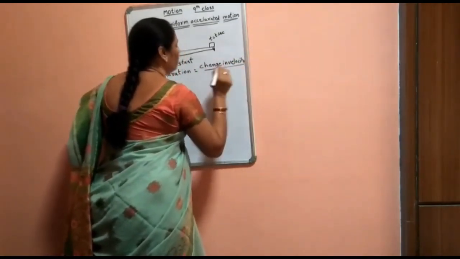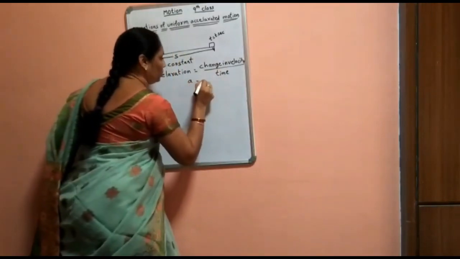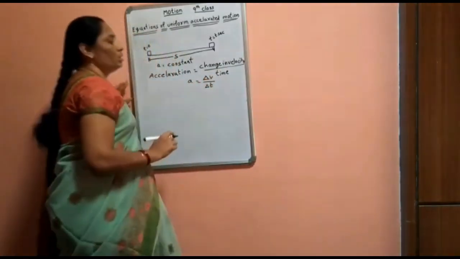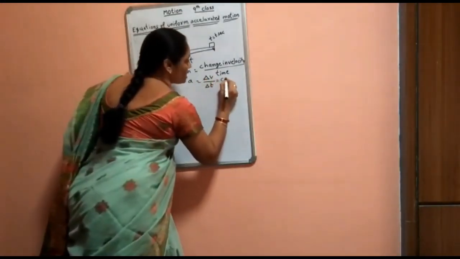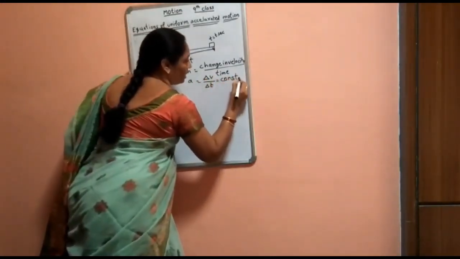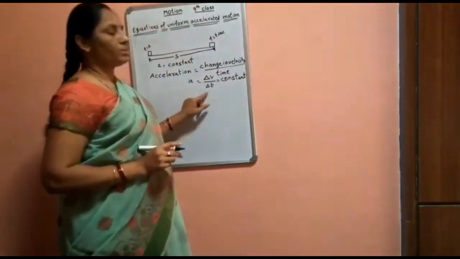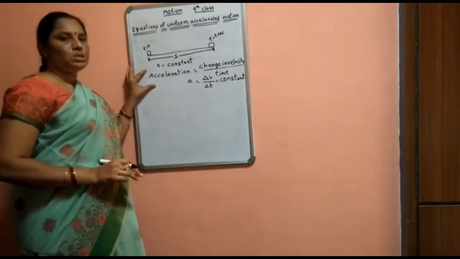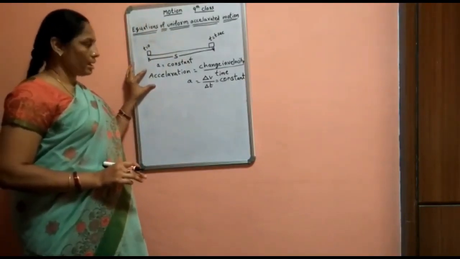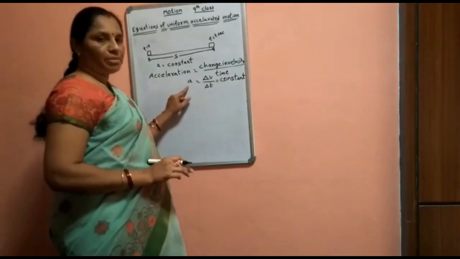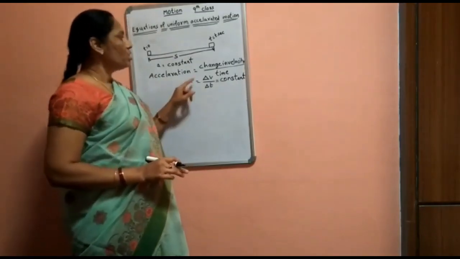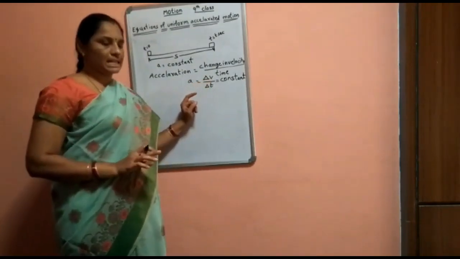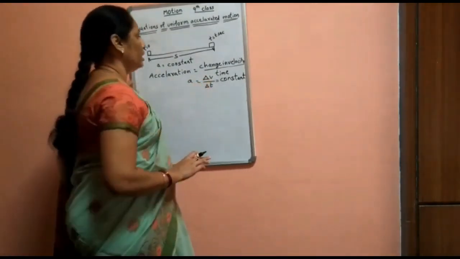Here a is equal to delta v by delta t, which is equal to a constant. Change in velocity means delta v, and delta t is the change in time.